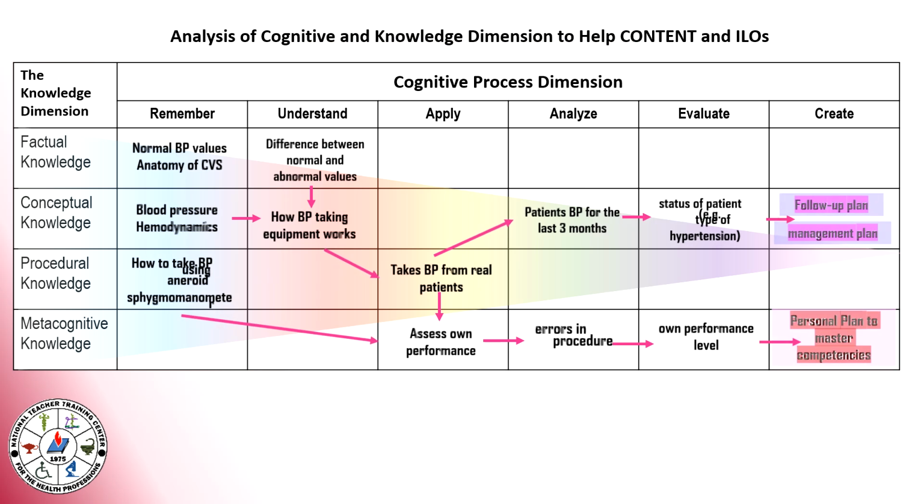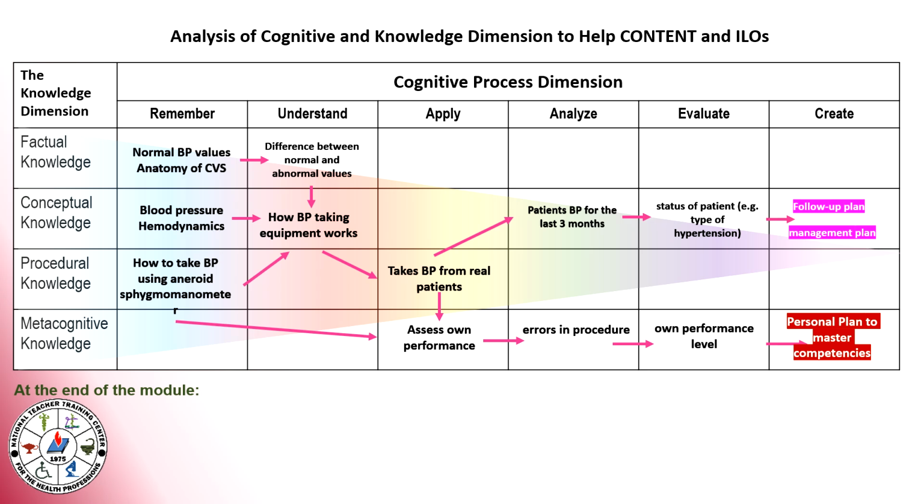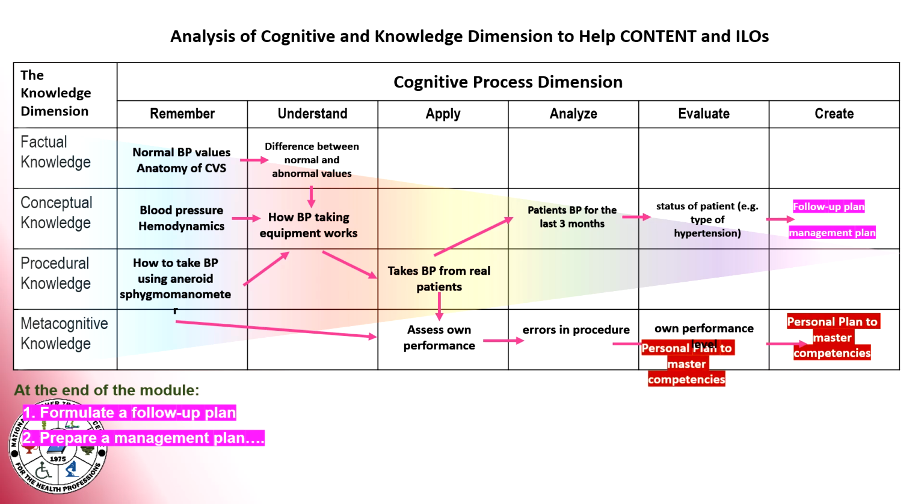But as I said, from this you can easily now produce more than about 10 outcomes. Let's say, for example, from create, and you have this follow-up. So at the end of the module, because you have a follow-up there, formulate a follow-up plan, right? You added a verb, the verb that you will just formulate. And then you can also say prepare a management plan. So the verb that you use will be prepare, and then you just added a verb to the statements you initially had in your matrix.